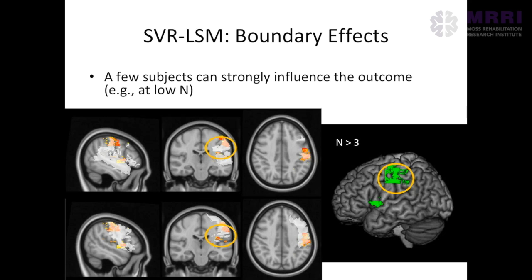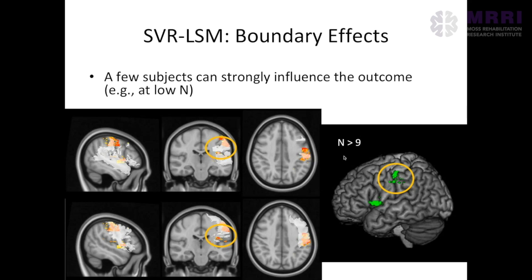As evidence of what's going on here, this is set so that only voxels with at least 3 people with lesions in that voxel are included in the analysis. That's what this n greater than 3 is. And as you increase that threshold, you can see that edge effect washing out. So what this suggests is that when you have low n, even a few subjects can very strongly influence the outcome of your analysis.